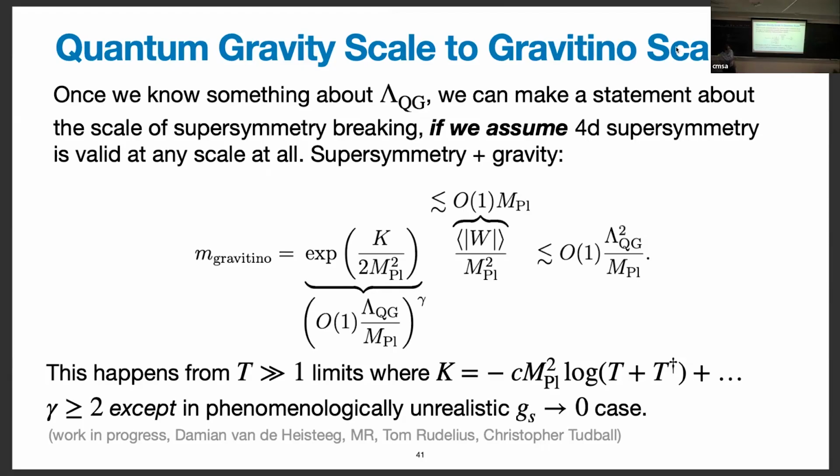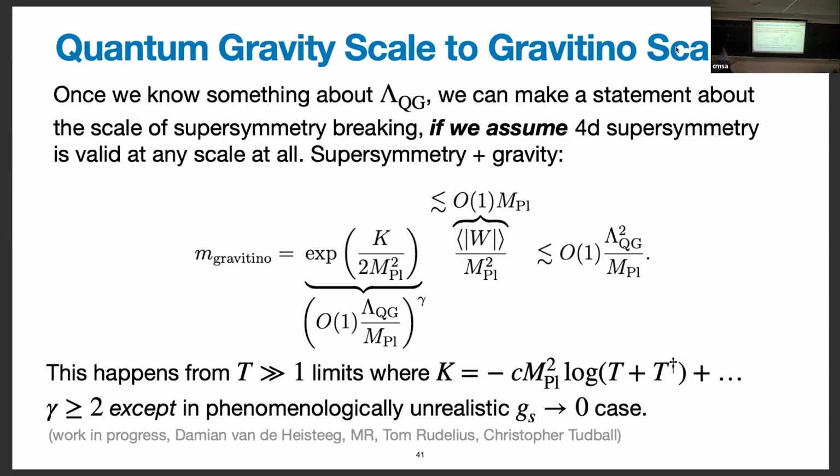And so e to the Kähler potential, which shows up in lots of supergravity formulas, goes like 1 over a power of modulus. And when you're going far out in field space, 1 over a power of modulus is becoming a small number. It is also true in those limits that the fundamental quantum gravity cutoff scale is usually falling like a power of 1 over modulus. And so they're both falling like powers. The question is just which power is which.